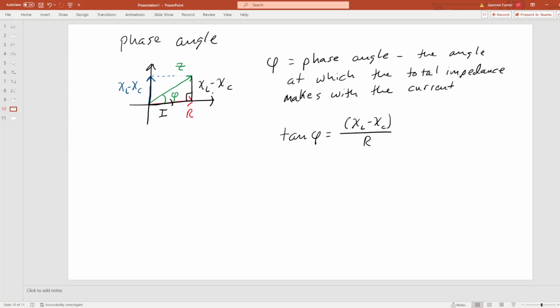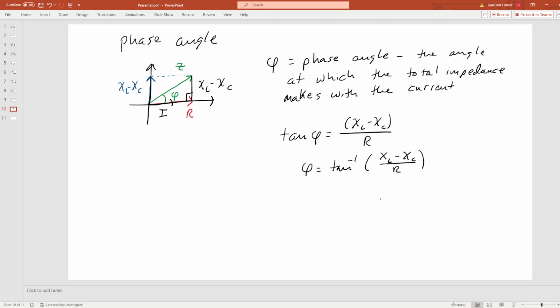So this is just opposite over adjacent. And so phi is then equal to the tan inverse of chi sub L minus chi sub C over R. So this is your phase angle.